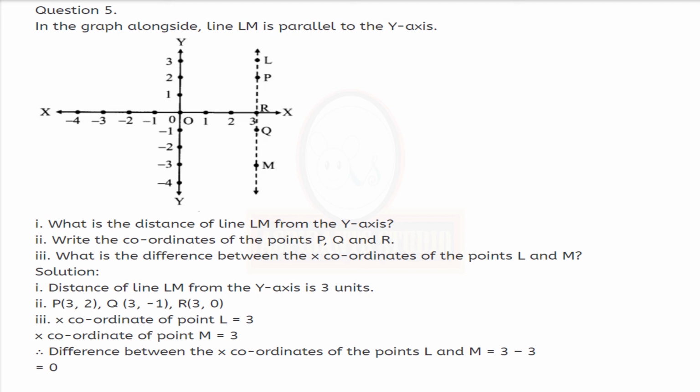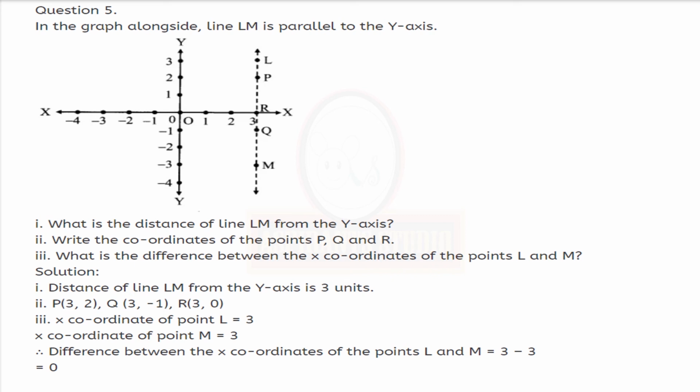Now coming to the third question. What is the difference between the x coordinates of the points L and M? X coordinate of point L will be what? 3. Look at point L in the graph.